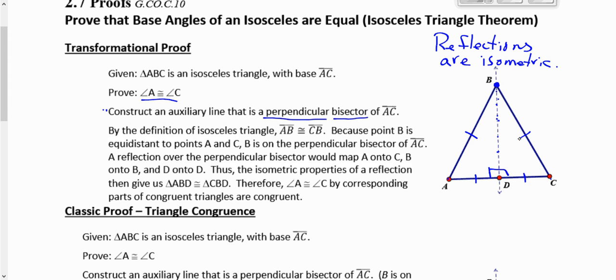Congruent. So if you have two angles of a triangle congruent, you could go through this, knowing that points on a perpendicular bisector are equidistant, and say, yeah, those sides are congruent. If those angles are congruent, it's got to be isosceles. All right? We're connecting everything here, aren't we? Okay, all right, let's move down here to a more classic proof.